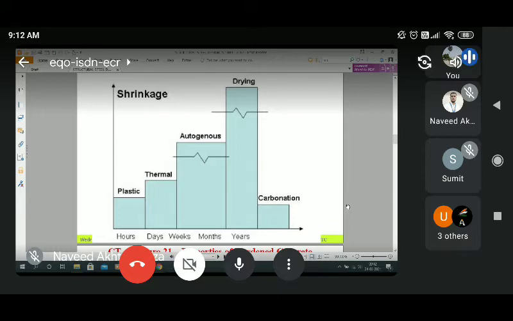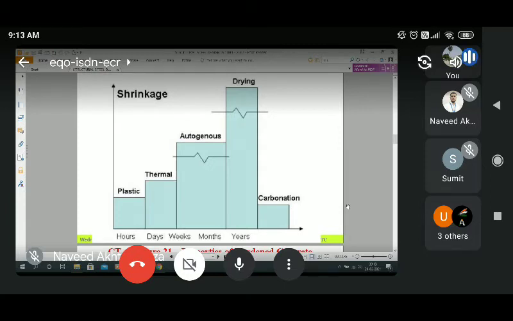Restraint due to differential shrinkage within the concrete member, since the inner side is not exposed to the environmental conditions as the exterior surface is. Restraint due to differential shrinkage between concrete members also. There are many restraints, and they lead to changes, cracking or surface cracks observed on concrete surfaces.